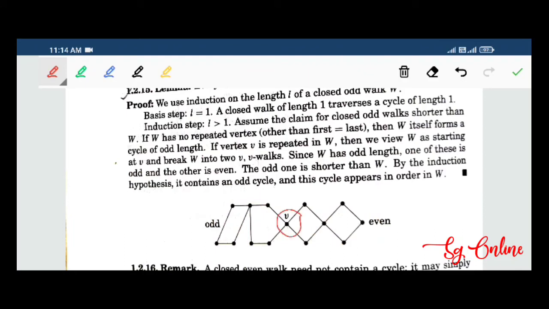In this tour of the closed odd walk, whenever we get a vertex repetition, you can understand from this vertex to that vertex again, that is, when we are moving on, if there is a vertex repetition, then from that vertex to the repetition of the vertex again, this part becomes another closed walk and the remaining part becomes another closed walk.